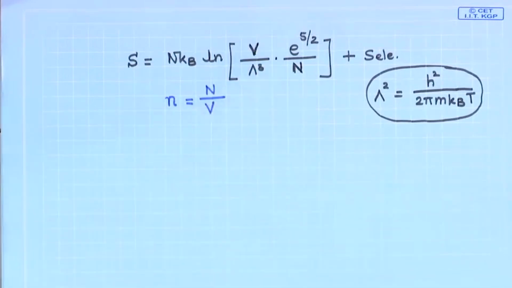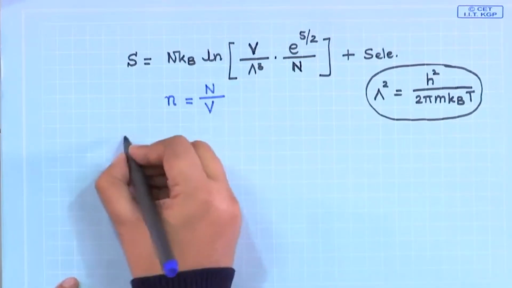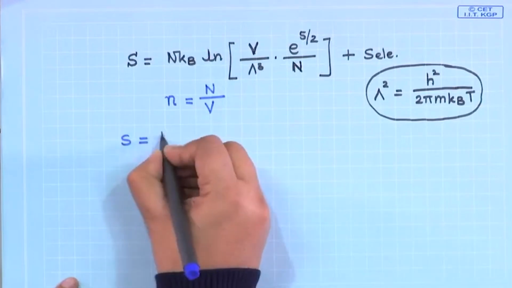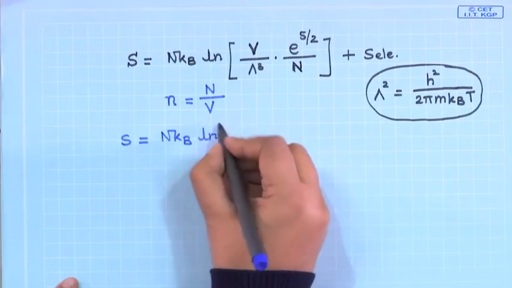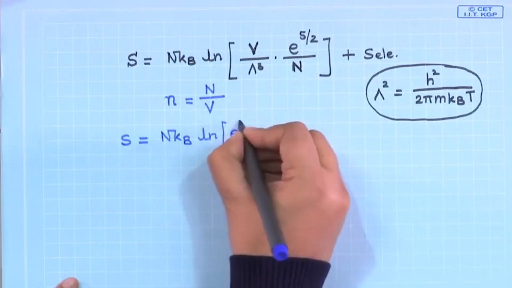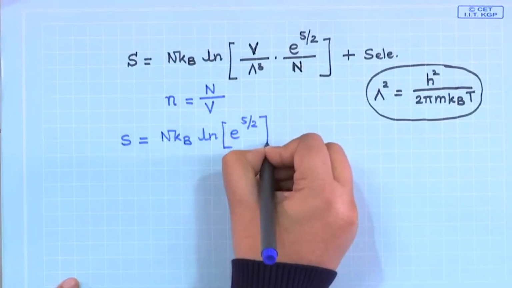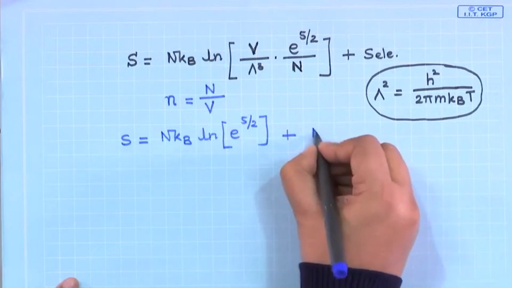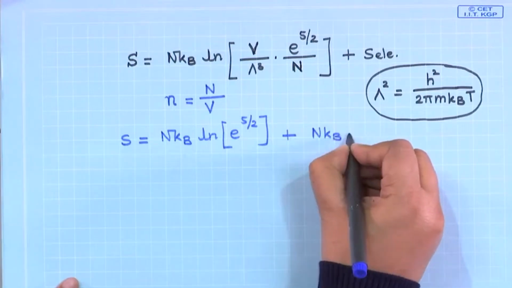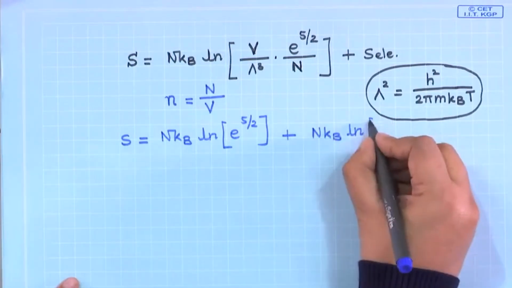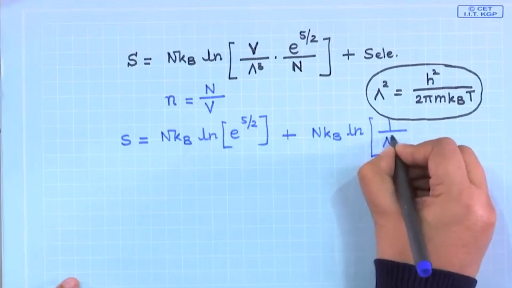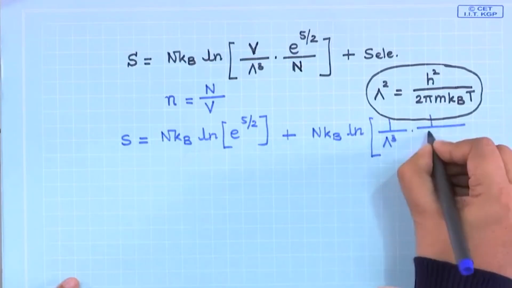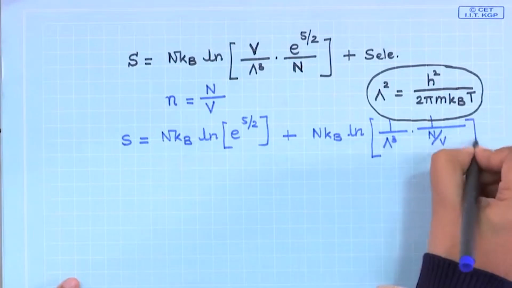If that is so, then I can rewrite the expression of S as n k_B ln e^(5/2) + n k_B ln (1/λ³ × 1/(n/V)).